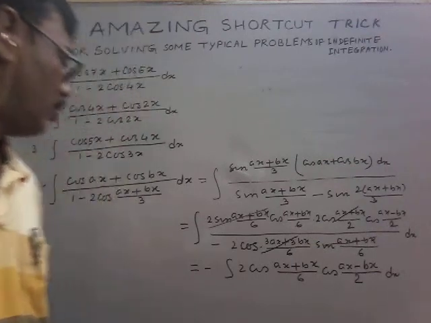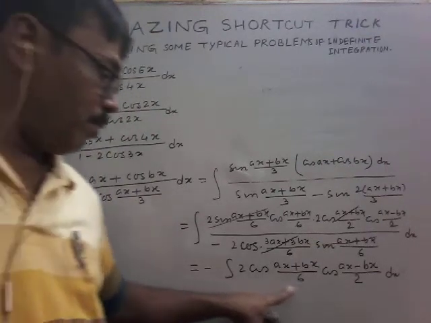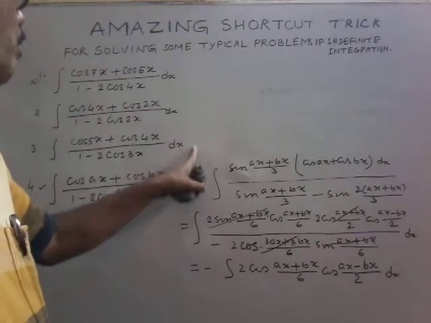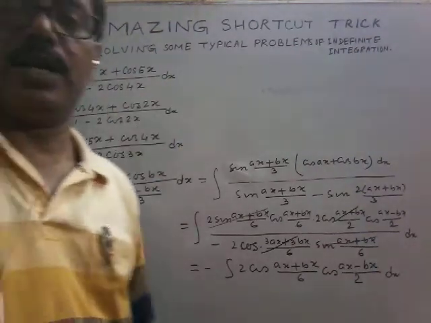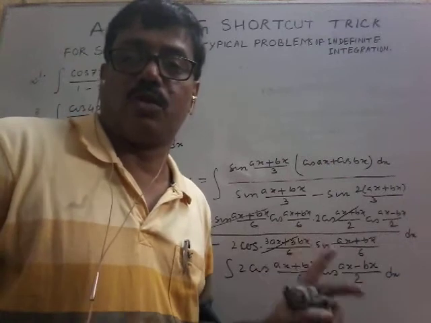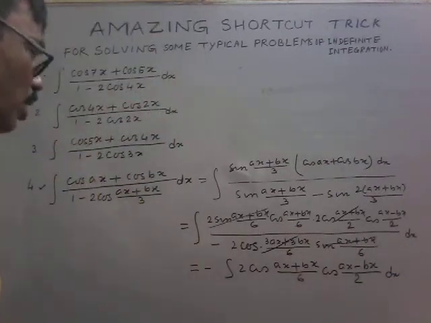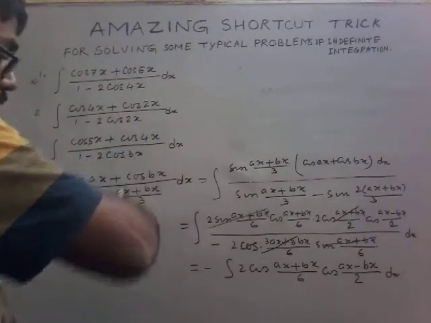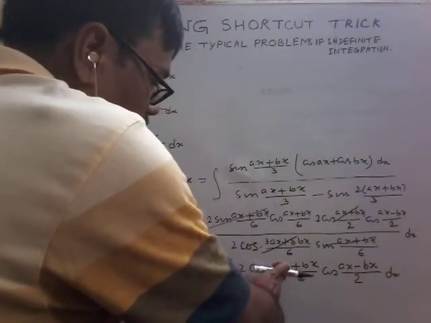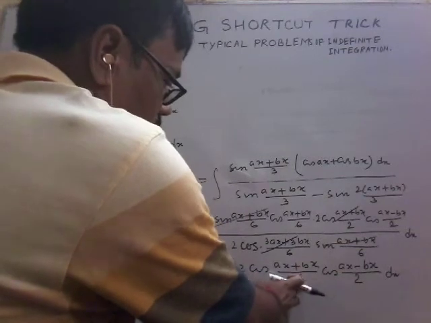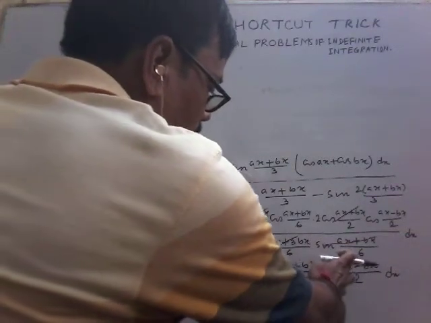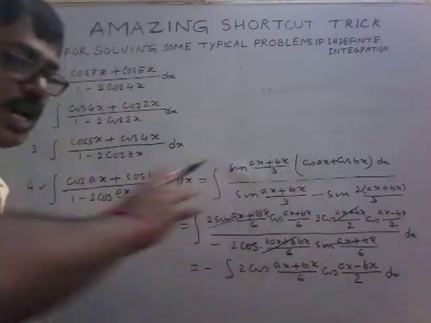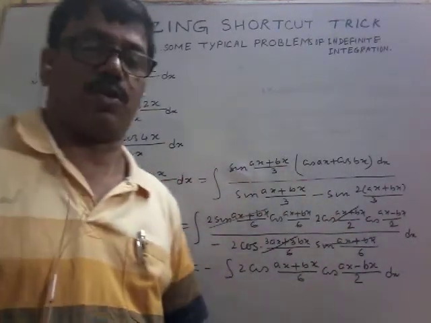If we remember this result, then we can solve this type of problem in a very short time. What is our formula? It is cosine of the sum of angles by 6 into cosine of the difference of angles by 2. Because cos absorbs the negative sign, the order is not important.